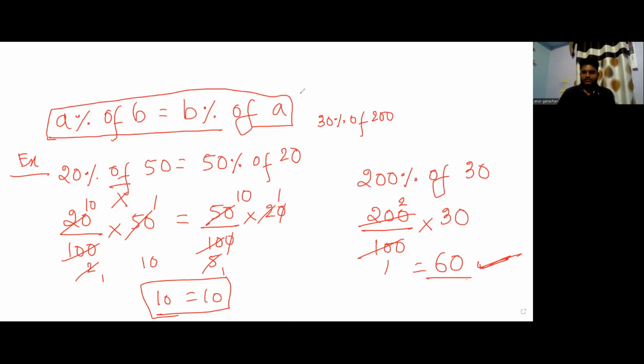Okay. So we had 30% of 200. We'll start from there.